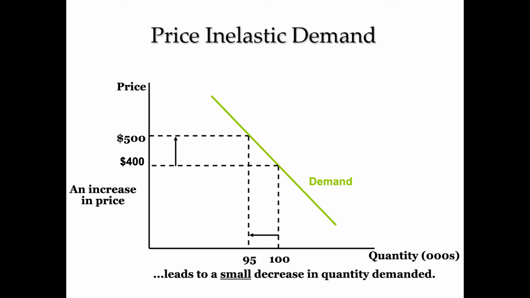Was it a good decision for Luxottica to raise their price? Absolutely, for them, because glasses are a necessity. If we can't live without them, an increase in price will lead to a small drop in quantity demanded. So that tells firms that, depending on the type of good they have, if they're in the inelastic portion of the curve, they should raise their price.